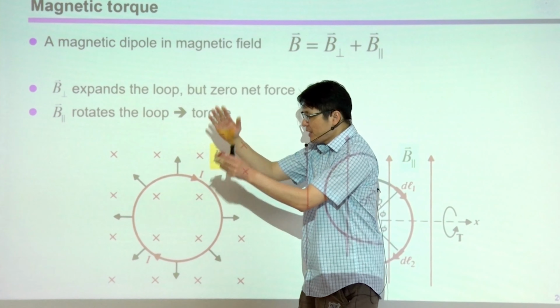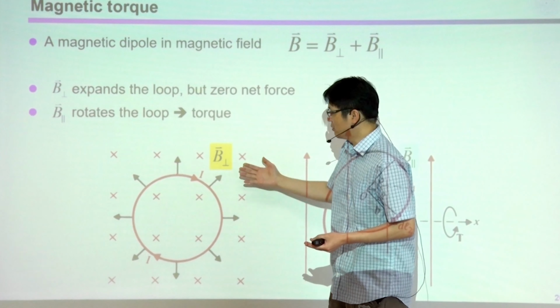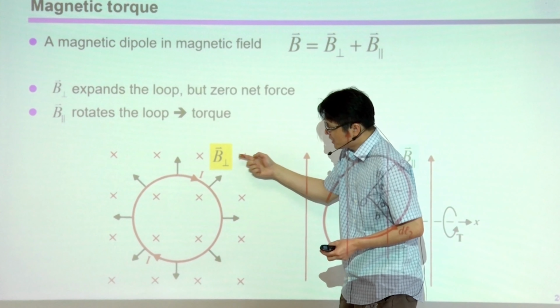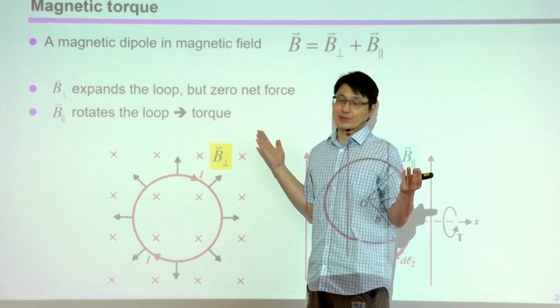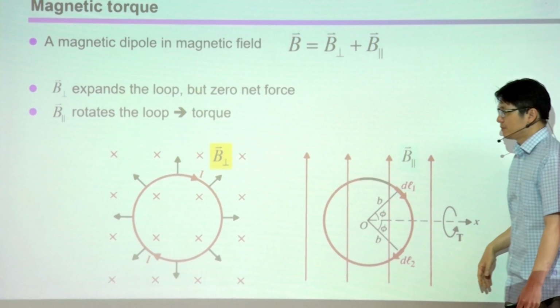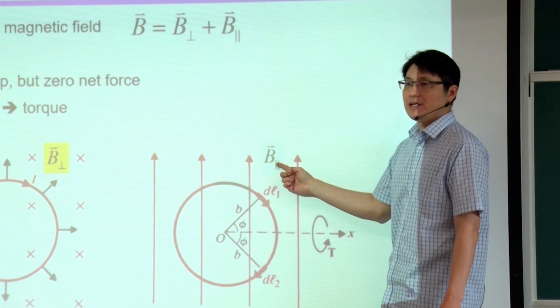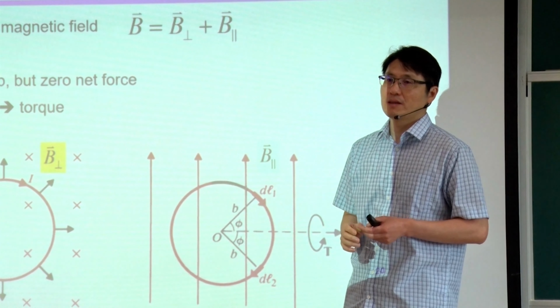Then in space, you have some B field distribution. Then you can say, all the B fields perpendicular to the surface is called the perpendicular contribution. Now you can also have the fields that are parallel to your surface.